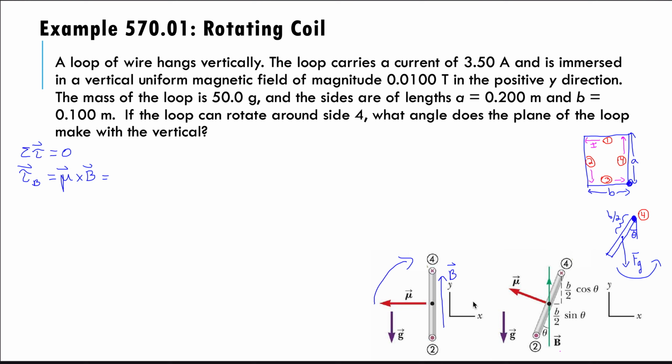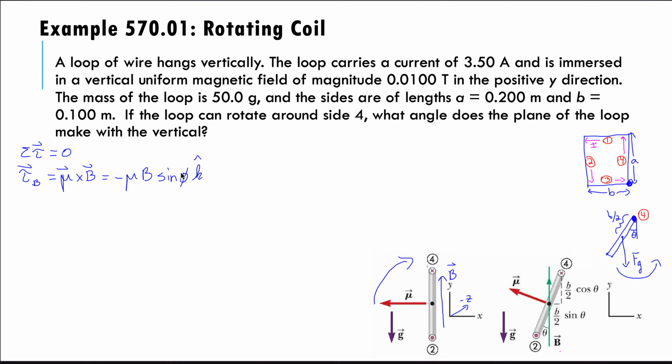So into the page, if we look at this coordinate system, that's going to be the negative z direction or negative k direction. So the cross product is going to be negative mu B sine of phi, and there's going to be a k direction here.